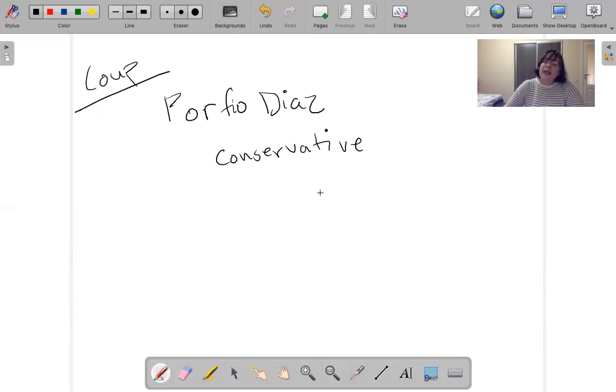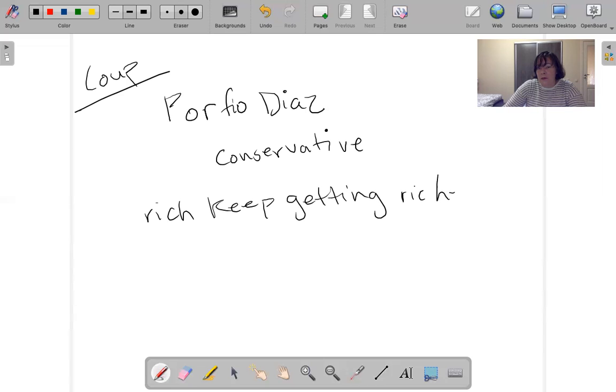So he wants to go back to the ways before Benito Juarez. He wants to have a few rich people and a whole bunch of poor people that work for the rich people. That's what he wants. And he gets his way. So Mexico goes back to the rich keep getting richer, and the poor keep getting poorer.